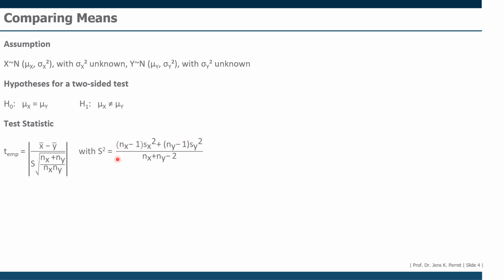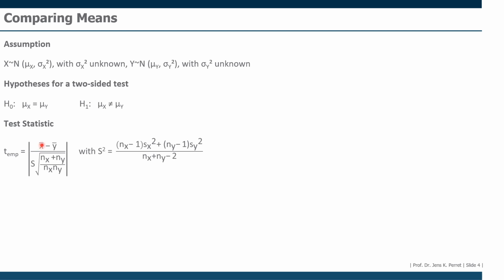And we divide this by the overall number of observations minus 2. So it's like a weighted average of the variances of the two samples. Thereof, we take the square root to get this large S here, so our replacement standard deviation.